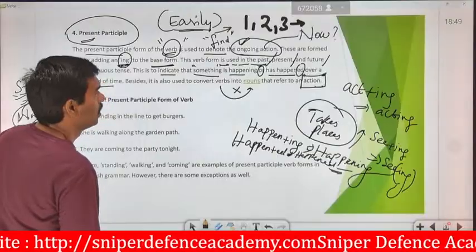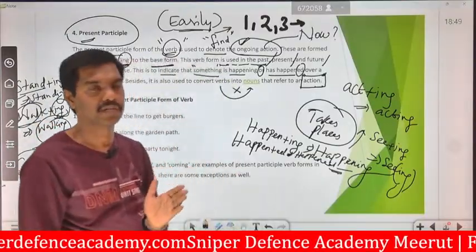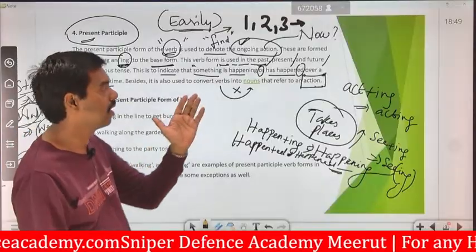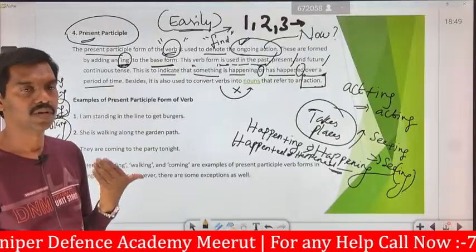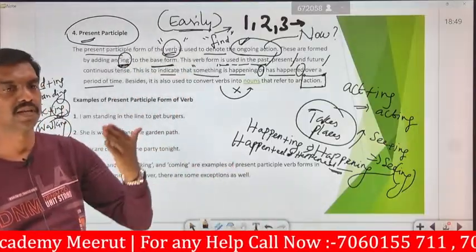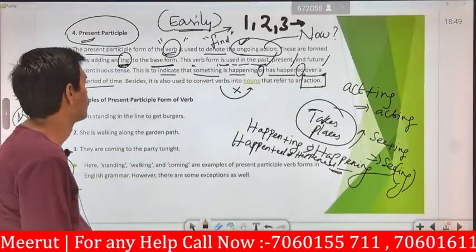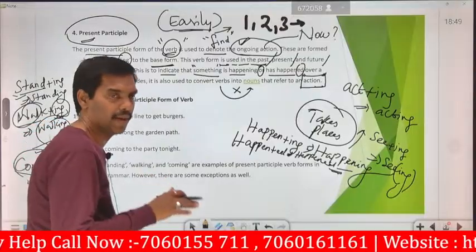And it can also be used in three tenses: present, past and future continuous tense. We will study one by one what is present tense, what is past, and everything, in the upcoming classes. And it will indicate that something is going to happen.